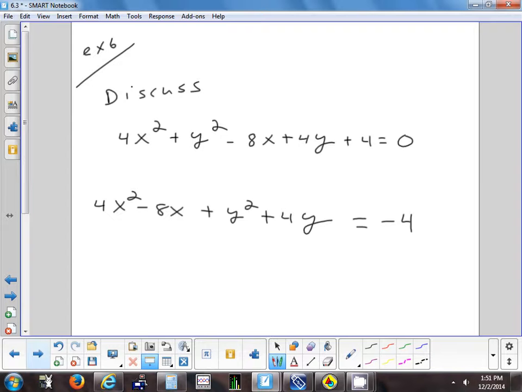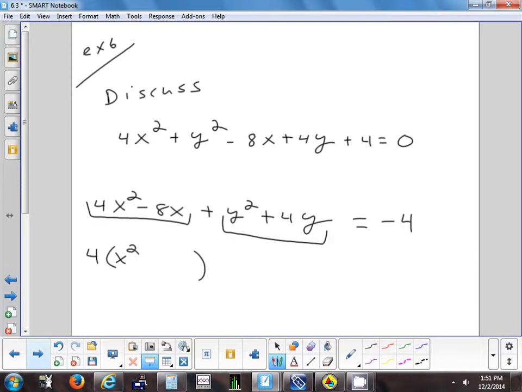Okay. And I want you to look at this as two separate parts. Let's start with the x squared part. Is the coefficient of x squared a 1? No? But what do 4x squared and 8x have in common? A 4. So what I'm going to do is factor it out.